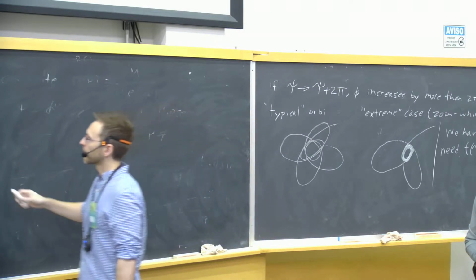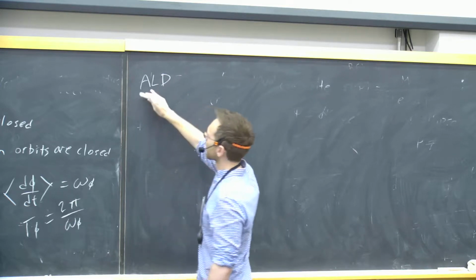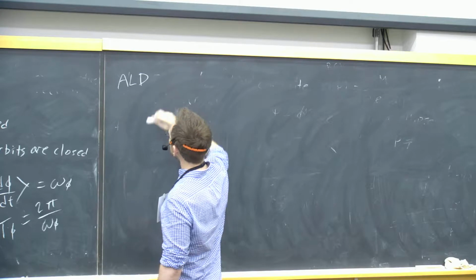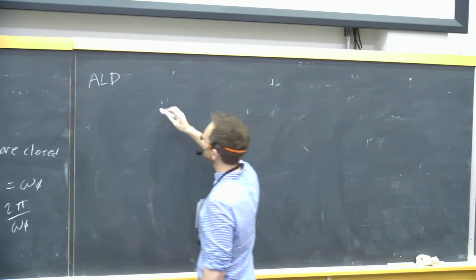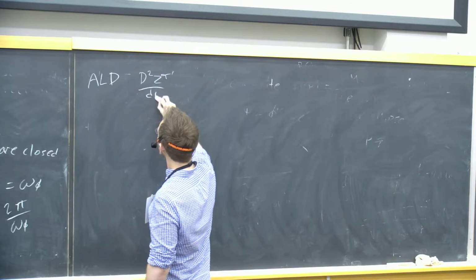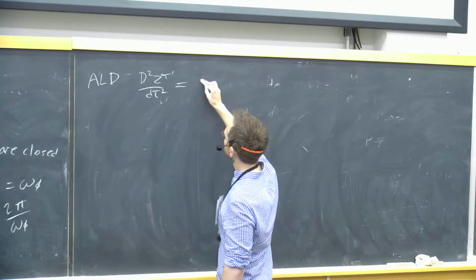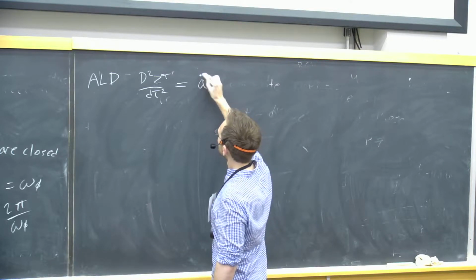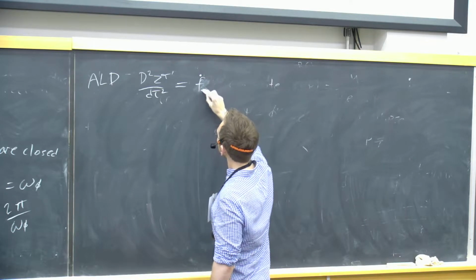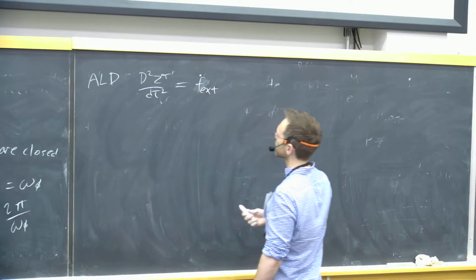So the ALD equation, Abraham-Lorentz-Dirac equation, for an accelerating charge in flat space has the form a dot, let me write it as external force, time derivative of the external force.